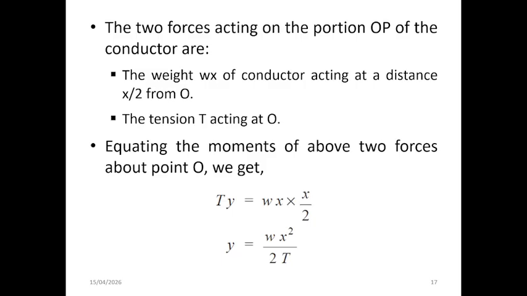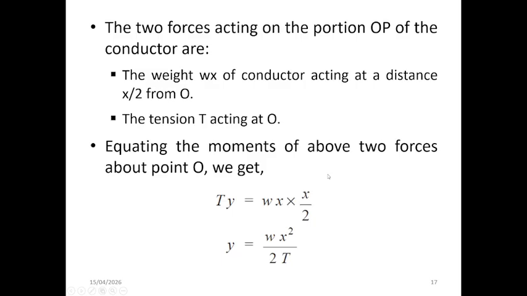This weight is assumed to act at the midpoint of the section, that means at distance X over 2 from point O. The second force is the tension T, which acts horizontally at the lowest point O.